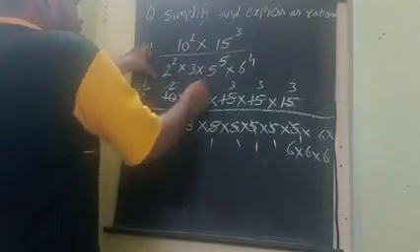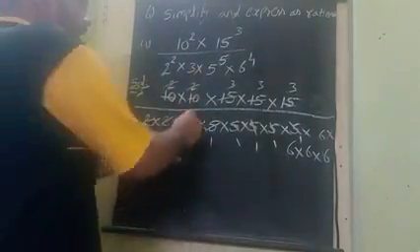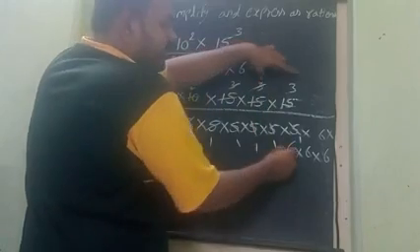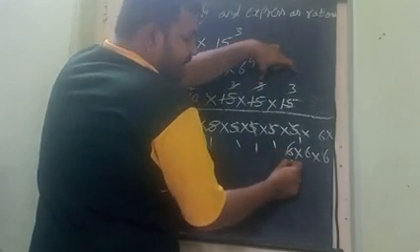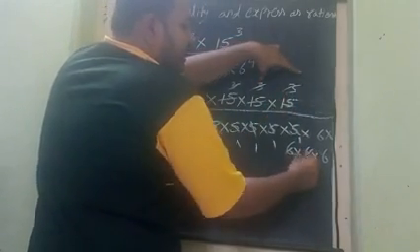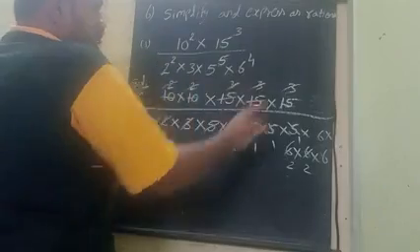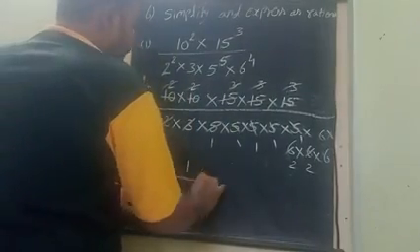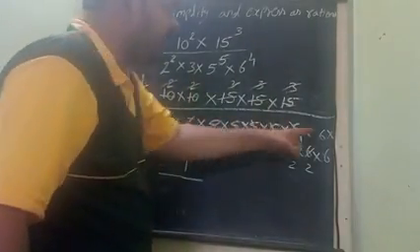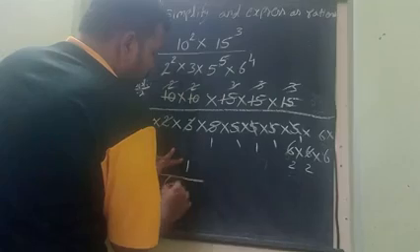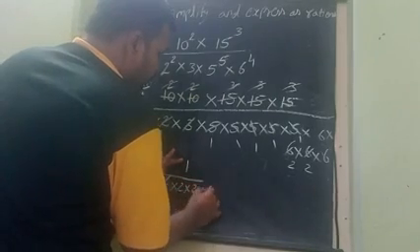Then 3 and 3, again the 3 table. Here 6 has 2 and 3, so numerator has no other numbers. That means 1 by the denominator that is left: 6 into 2 into 2 into 6.